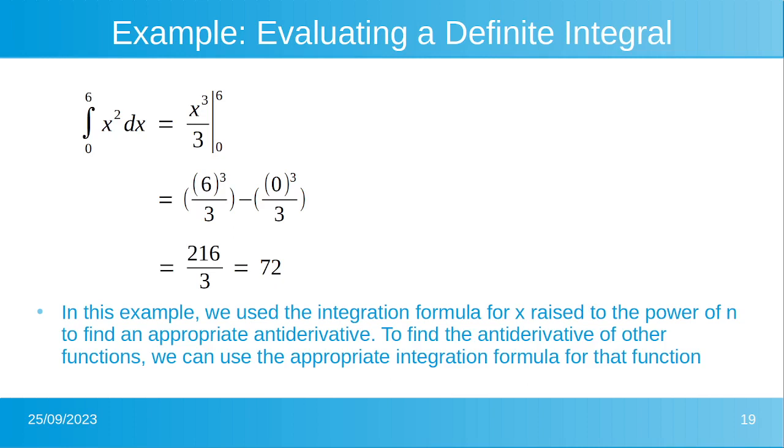Our 0 cubed over 3 works out to be just 0, so we're just left with 6 cubed over 3. That is equal to 216 over 3, which works out to be 72. So our integral from 0 to 6 of x squared dx is equal to 72.